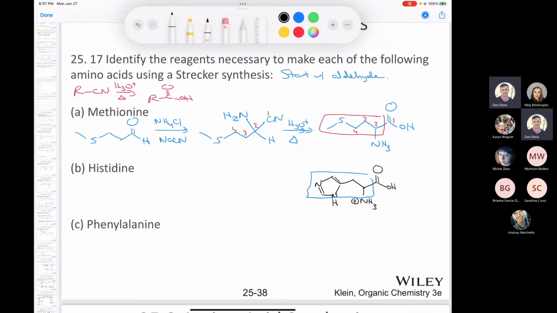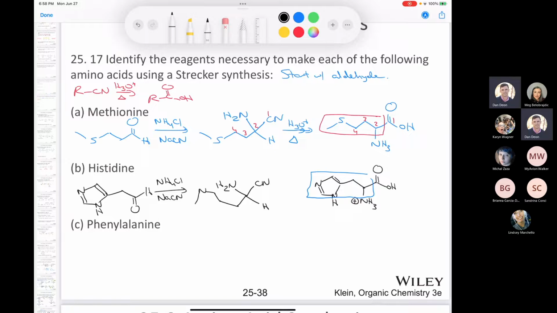And so our aldehyde is going to be something that looks like this. We're going to have 1, 2, and then we're going to have our aldehyde like that. Again, first step is to treat it with ammonium chloride and sodium cyanide. That's going to give us this. So I'm just going to flip it around here a little bit so it's easier to digest maybe. We end up with this, then we have a methylene, then we have our ring.